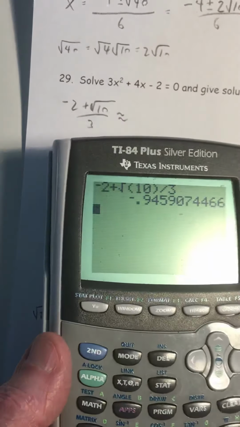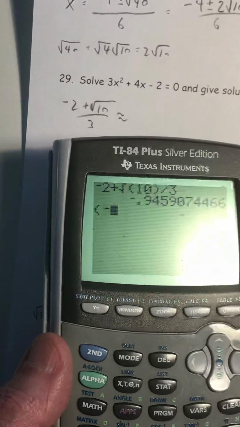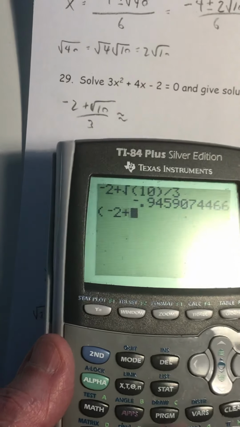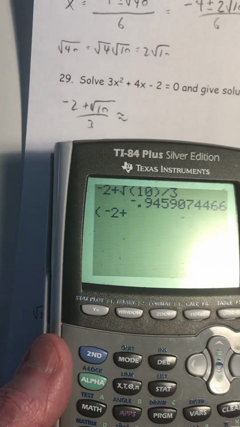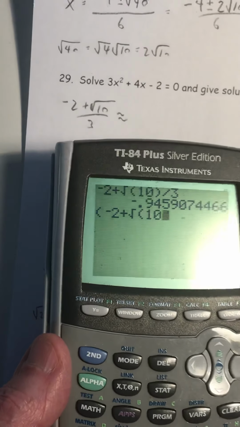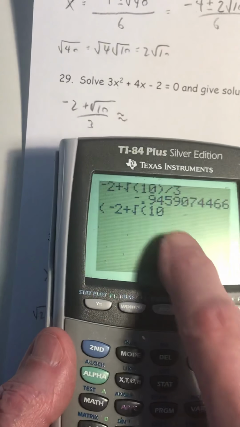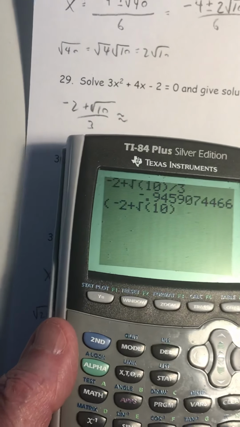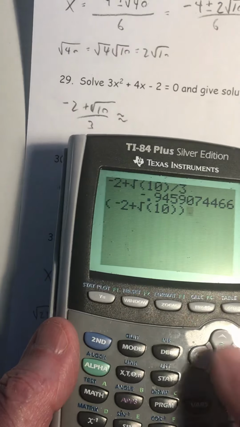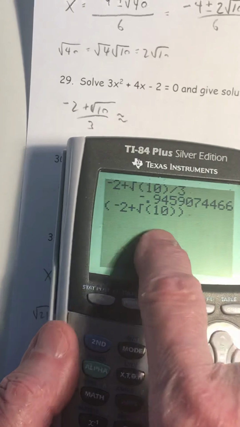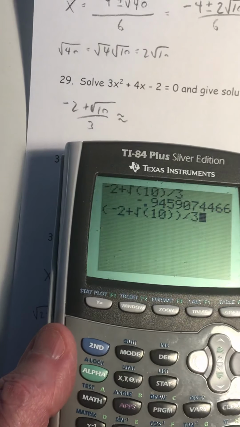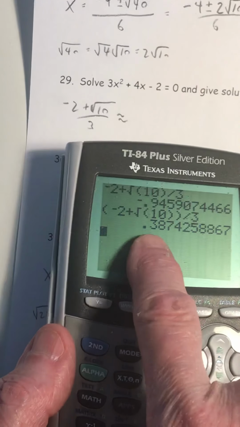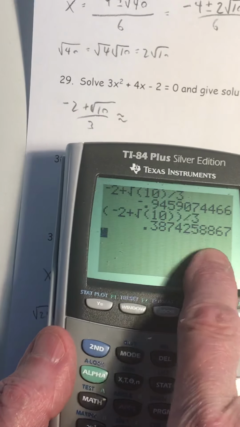What I need are some lovely parentheses: negative 2 plus square root 10, and here the next parentheses is to finish the square root, and then there's one more parentheses needed to finish the numerator, the top of the fraction. Now divide by 3, and see that's a 0.3333. That would be 1/3.